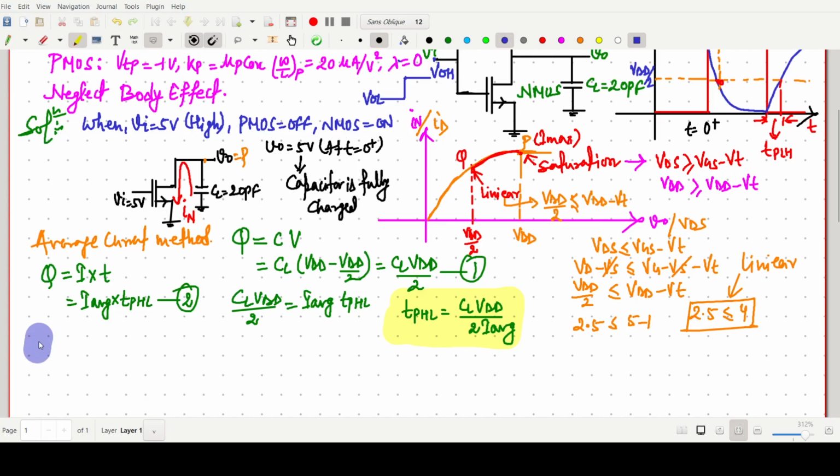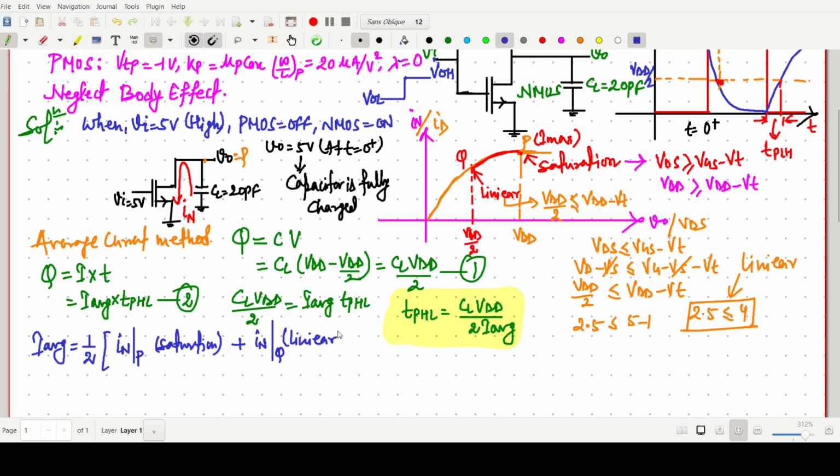This I average is simply half of the I n current at point P, and during that time it is in the saturation region, plus the current at point Q, and during that time it is in the linear region.